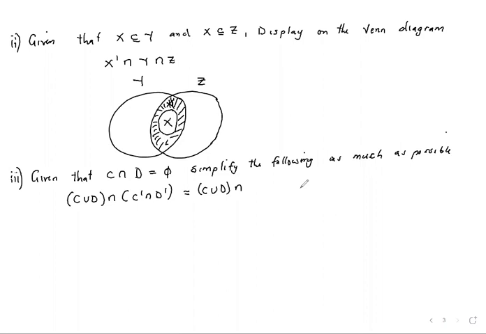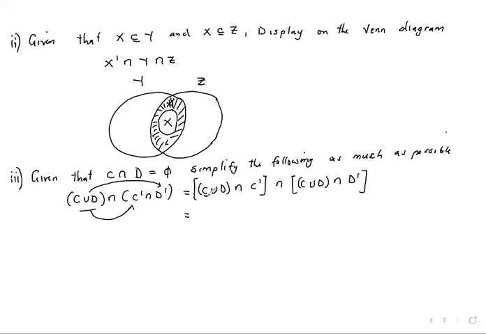So intersection C complement, intersection C union D, intersection D complement. We've done distribution: this one intersection this, and this one intersection that. Then from here, we can distribute.